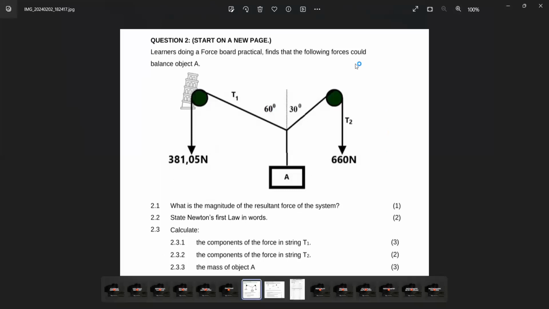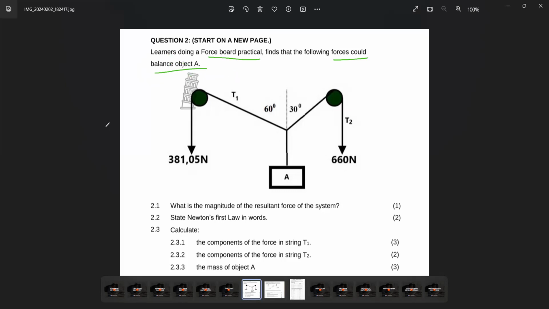So here we have a situation. They're saying learners doing a force board practical find the following forces could balance. Immediately they talk about balance, they're talking about F net is equal to 0.